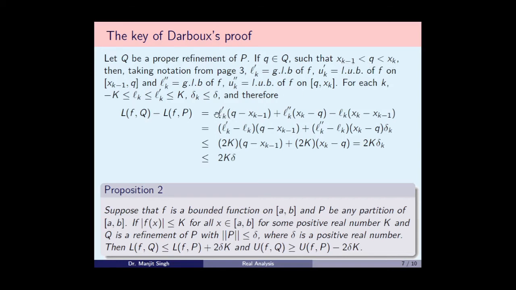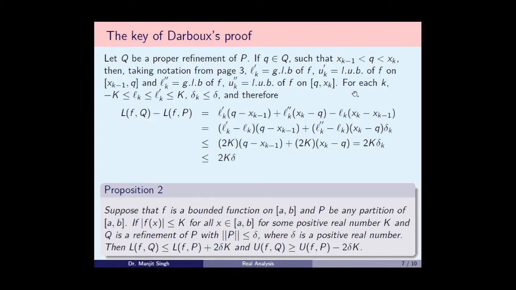So we can leave out of consideration those subintervals which have no new points. We see that this is a new point in the interval [x_{k-1}, x_k], so the function will have something in it. So you see here, this is the lower sum corresponding to the refinement Q.